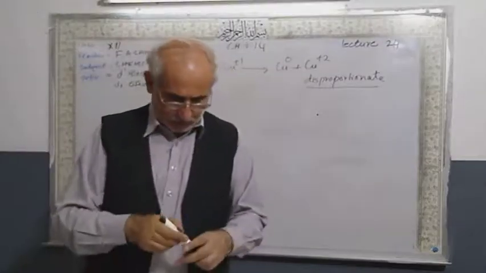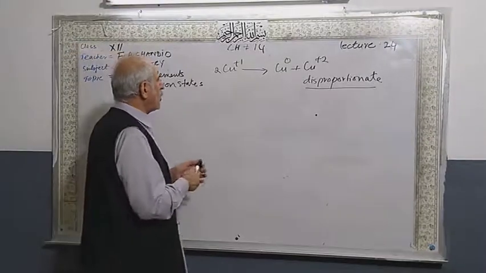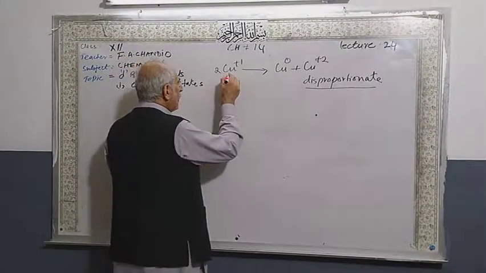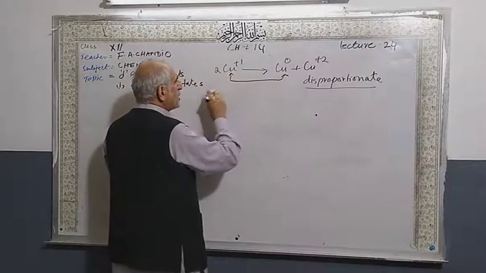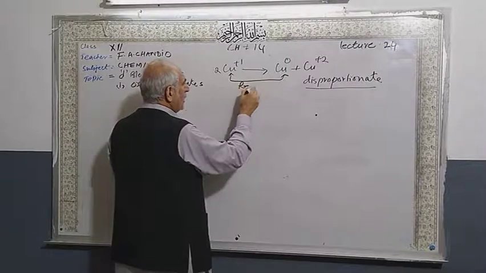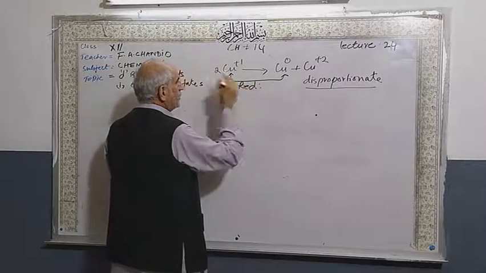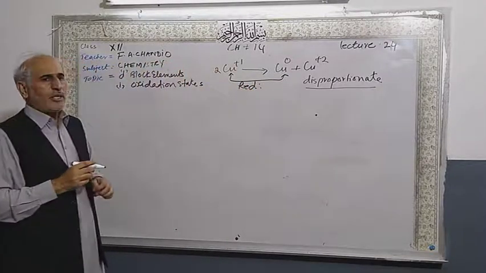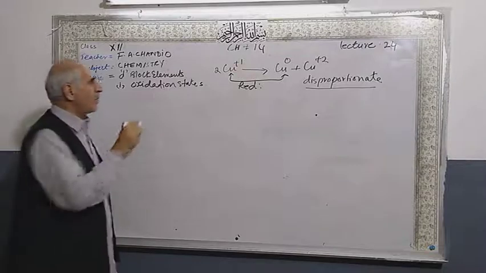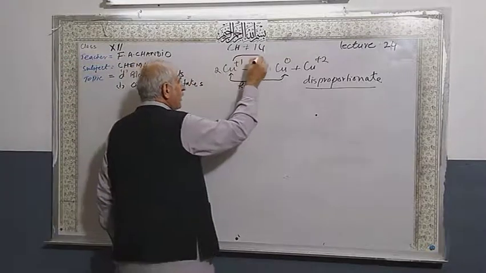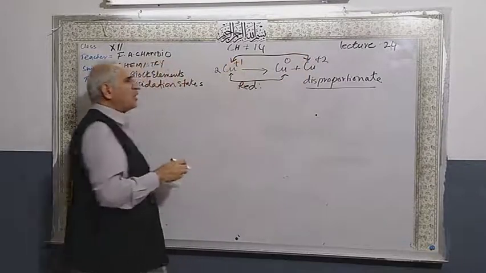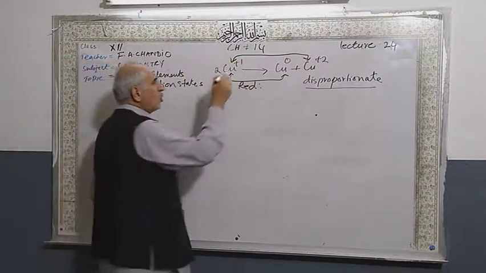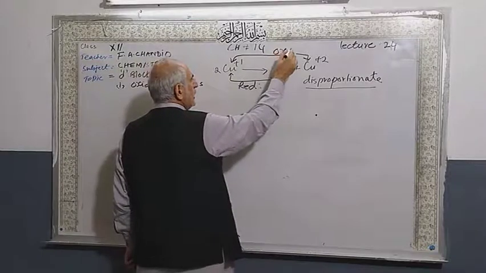This is disproportionation. In disproportionation, copper 1 changes into copper 0; this is a reduction, as the oxidation number decreases. The same copper 1 changes into copper 2; this is oxidation.